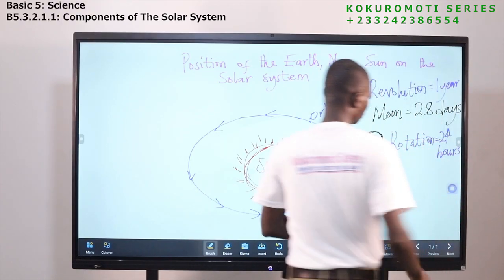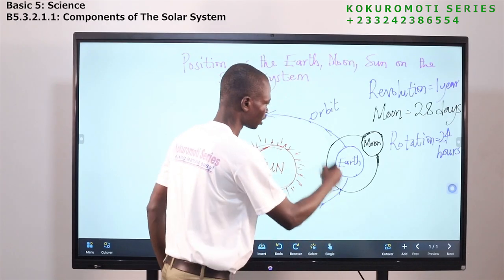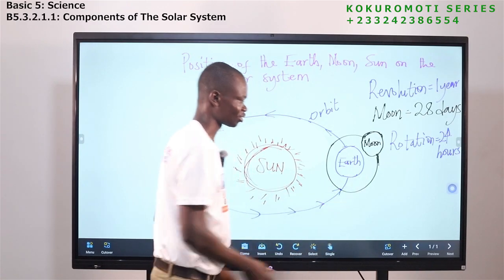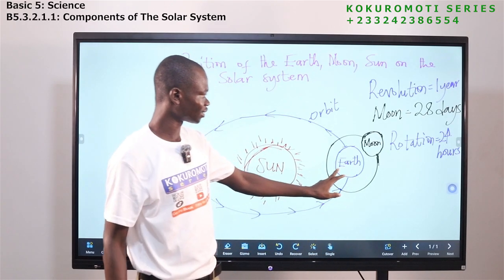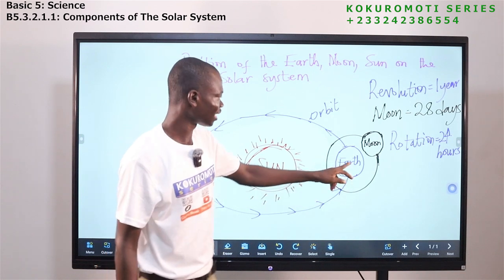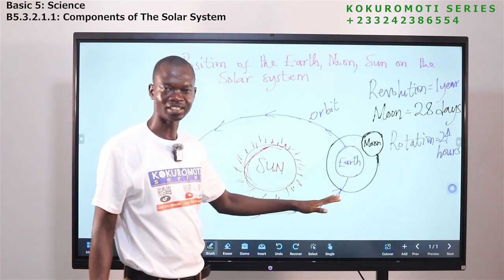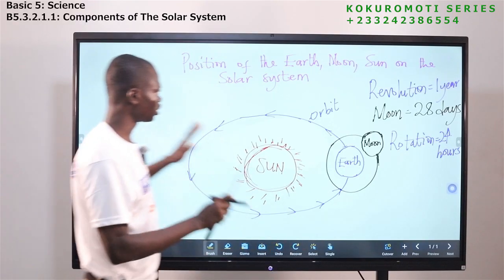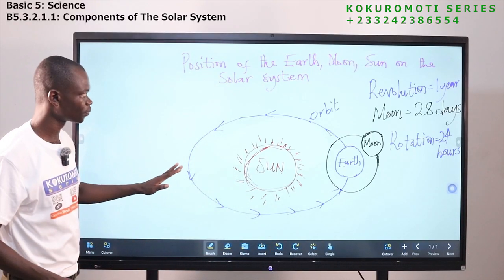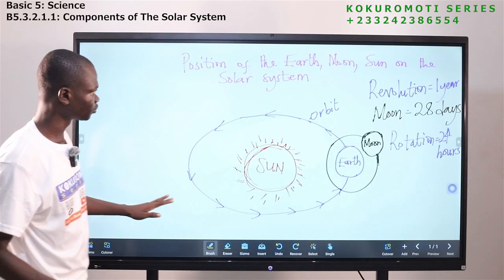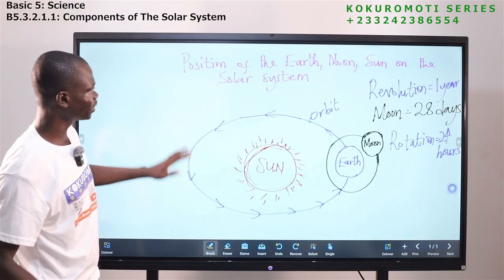It takes the earth 24 hours to finish rotating. So the rotation of the earth causes day and night, and then the movement of the earth also causes what? Changes in season.